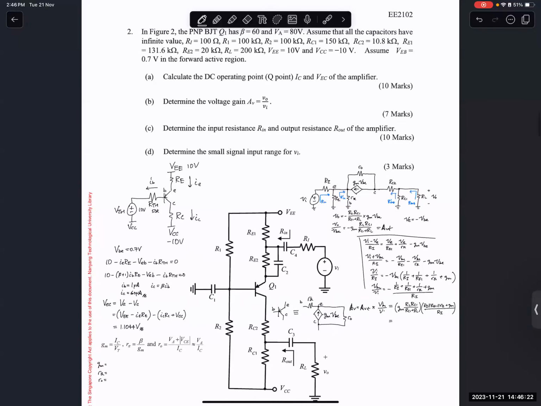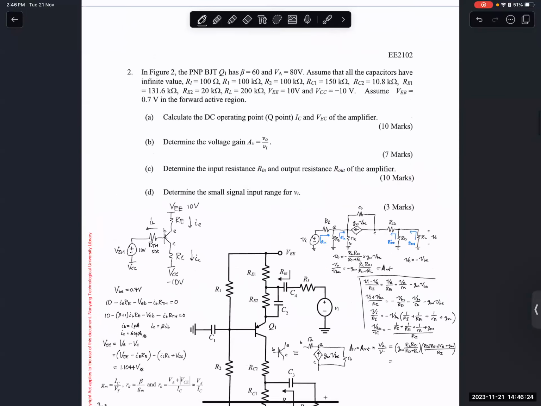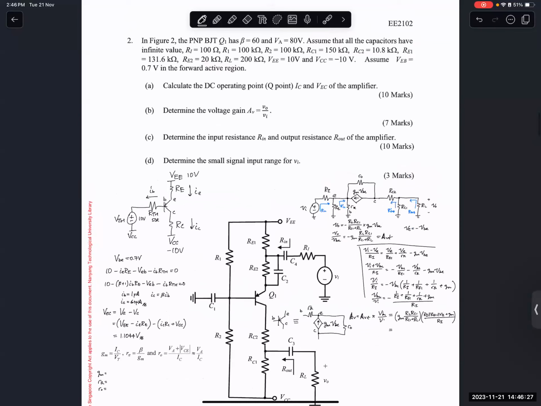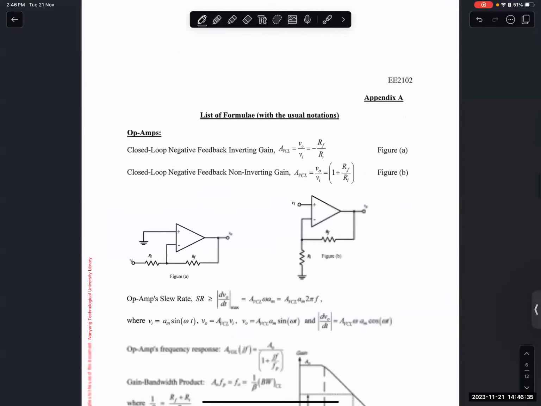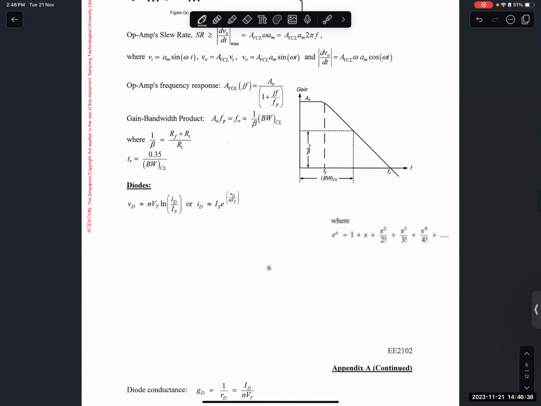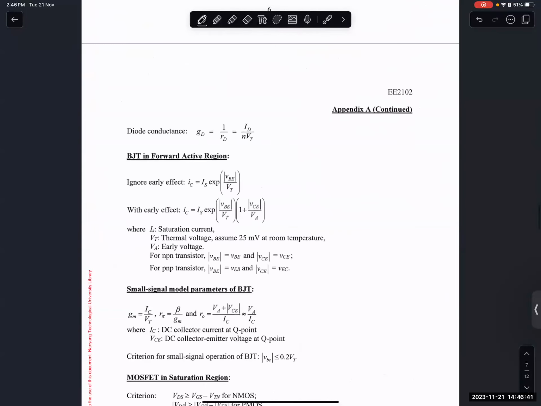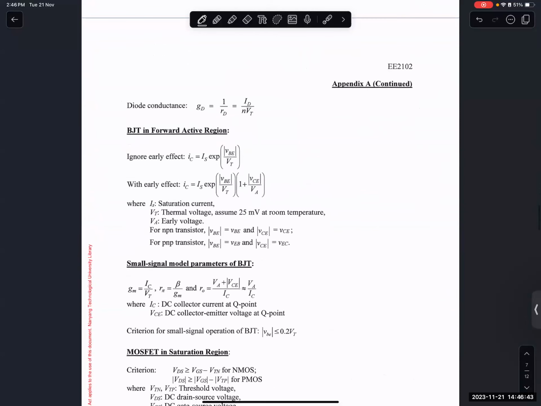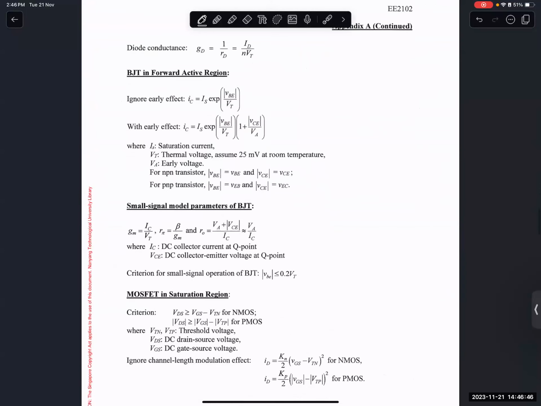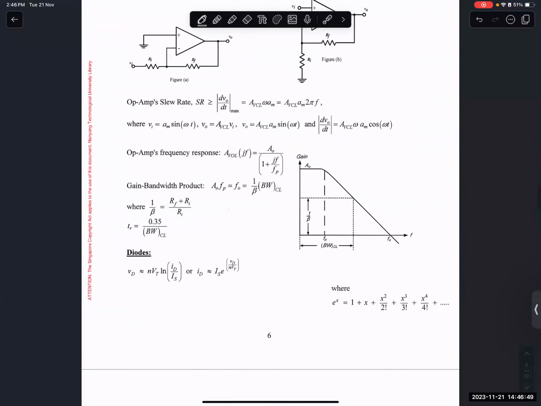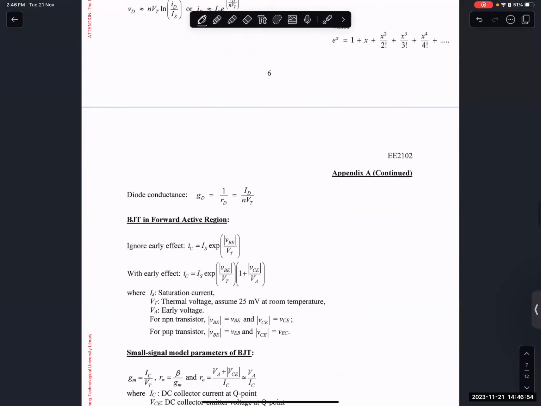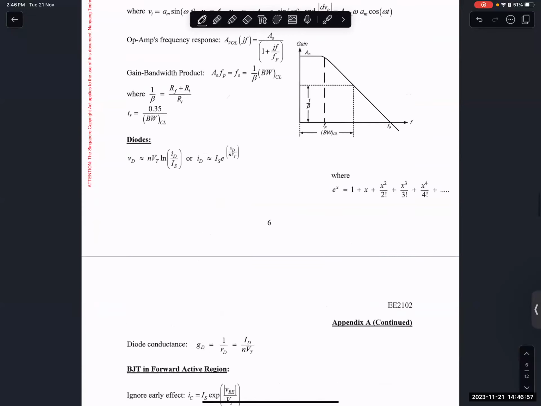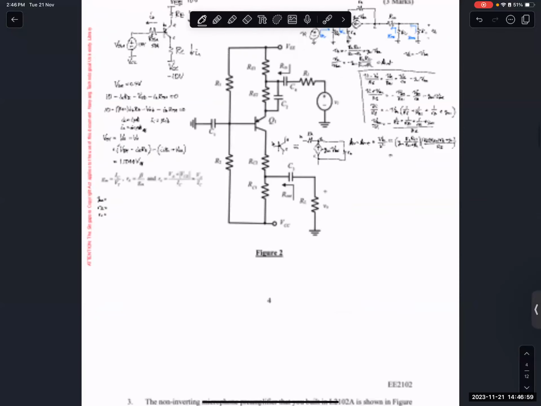Wait, that means GM is just 60 micro. What is VT again? 25 milli what?